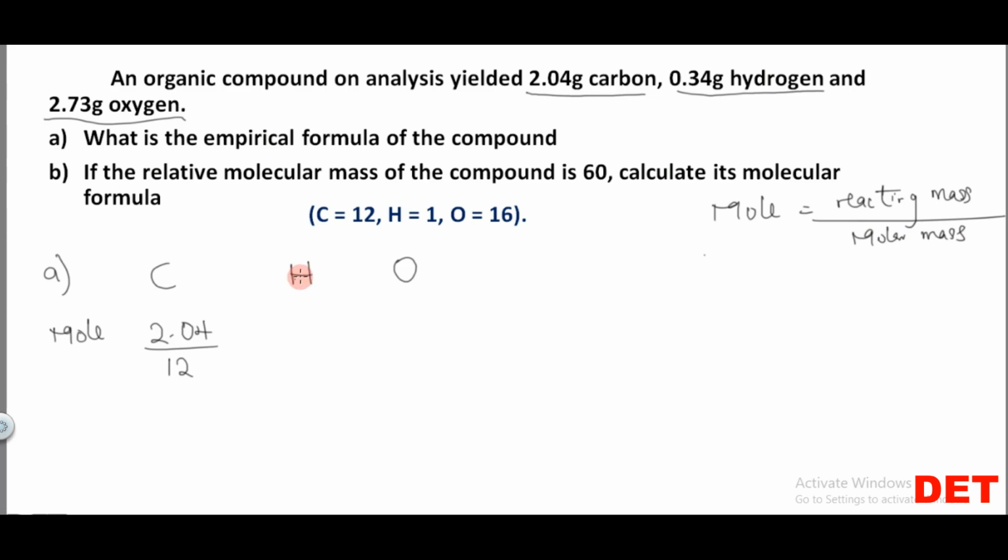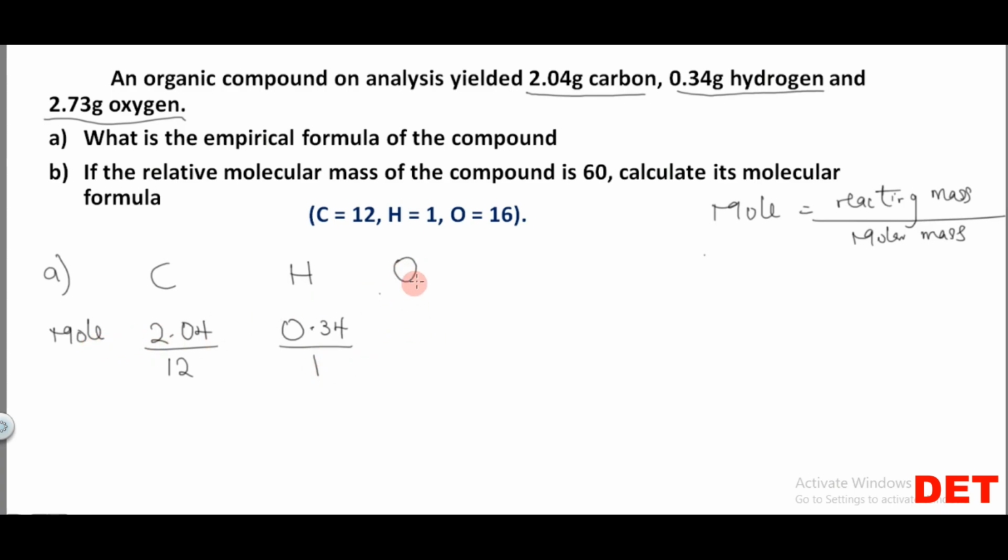So what is the mole of hydrogen? The mass of hydrogen is 0.34, so that's 0.34 divided by the relative atomic mass of hydrogen, which is 1.